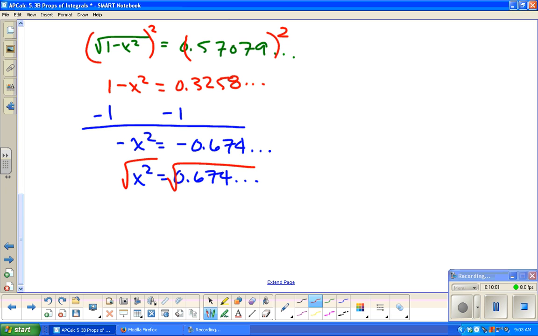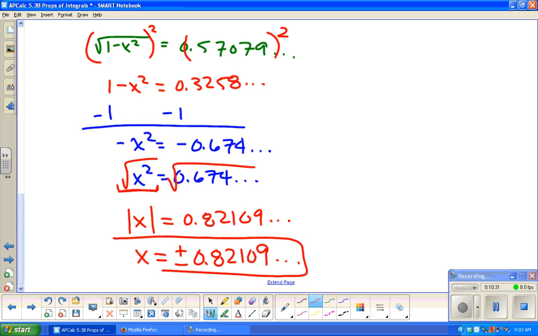I just want to remind you that square roots technically are not negative. So when I do the square root of x squared, this is really the absolute value of x equals, when I type this square root in, I get 0.82. And this is where the plus or minus comes in, because if the absolute value is positive, then I could have had the absolute value of a positive or a negative.